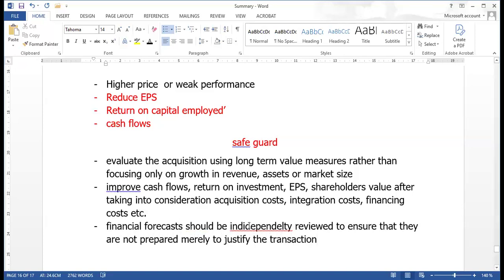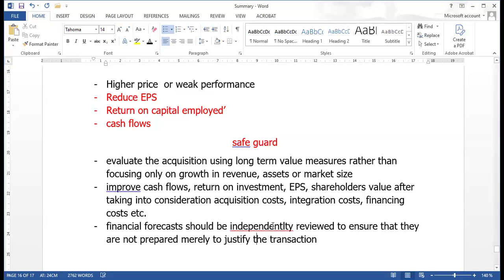That's why you see entities getting the auditors to assess and analyse these forecasted cash flows independently.